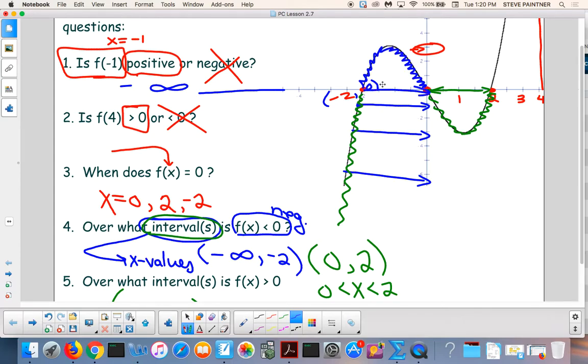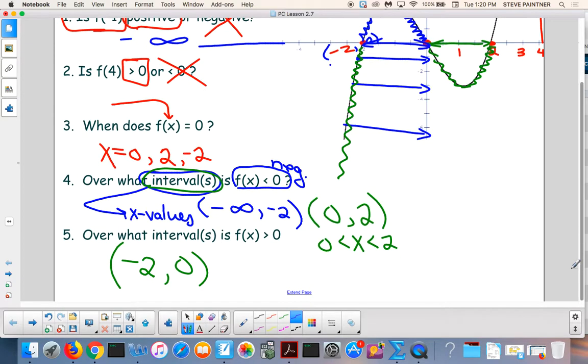From here to here, negative 2 to 0, that's what Brandon said. So your interval notation looks like this. Now Zach wants me to go back to inequalities, and this works too. That is the answer. Same thing. Can we move on? Really, that's the whole lesson, to be honest.